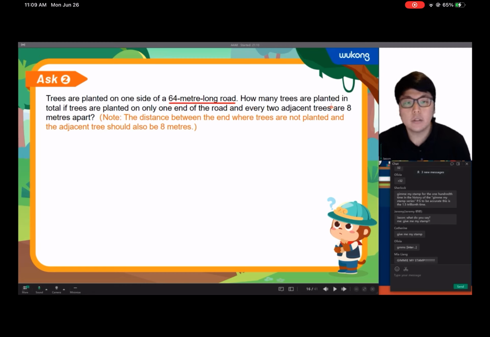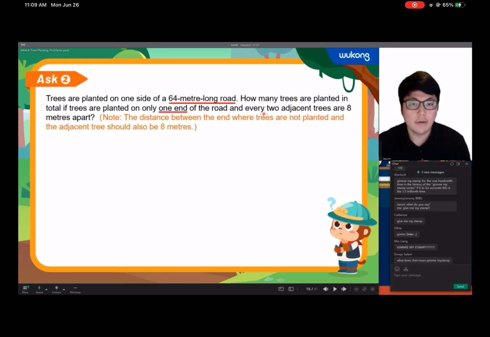Okay, how many trees are planted in total if trees are planted on only one end of the road and every two adjacent trees are 8 meters apart? Adjacent sounds like my name. Guys, by the way, adjacent means beside, okay, or right next to each other. So every two trees that are beside are 8 meters apart.